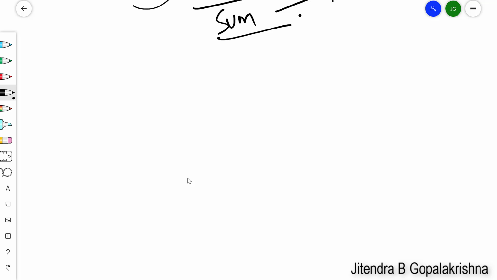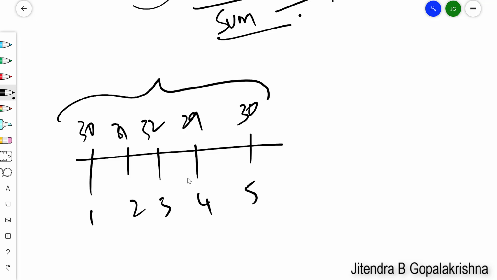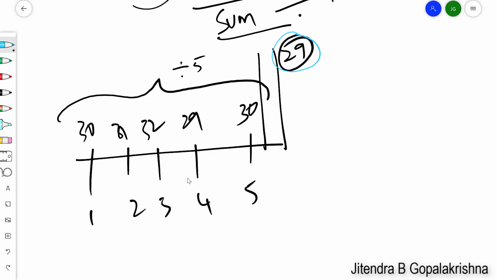The temperature was say 30 degrees, 31, 32, 29 and 30. If I take the average of this, I add these 5 days and divide by 5. I get a number. Let's say that number is 29 for convenience's sake.